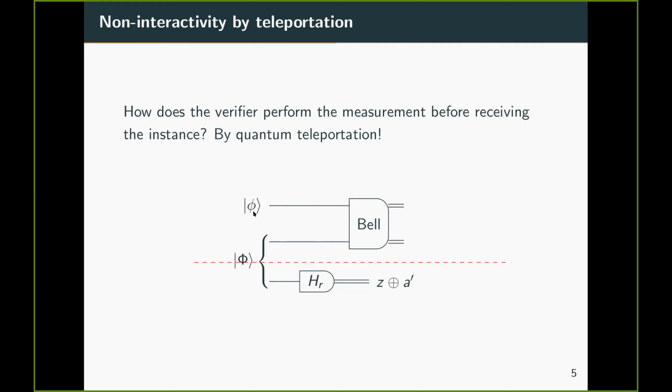Remember one way the prover could send the encrypted witness state to the verifier is by teleportation. Initially the prover and the verifier share EPR pairs. The prover performs Bell measurement on half of the EPR pairs and the witness state, followed by a Clifford measurement done by the verifier. But the actions of the prover and the verifier commute, so the verifier could do the Clifford measurement before the prover performs the Bell measurement.